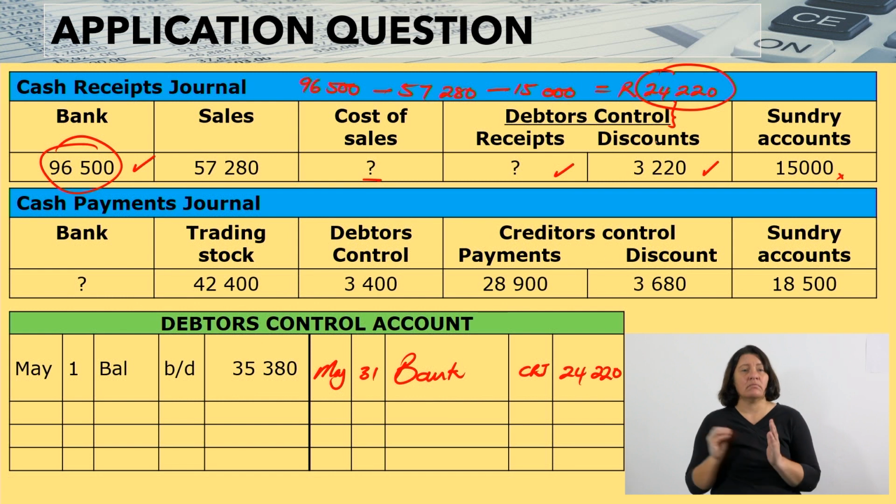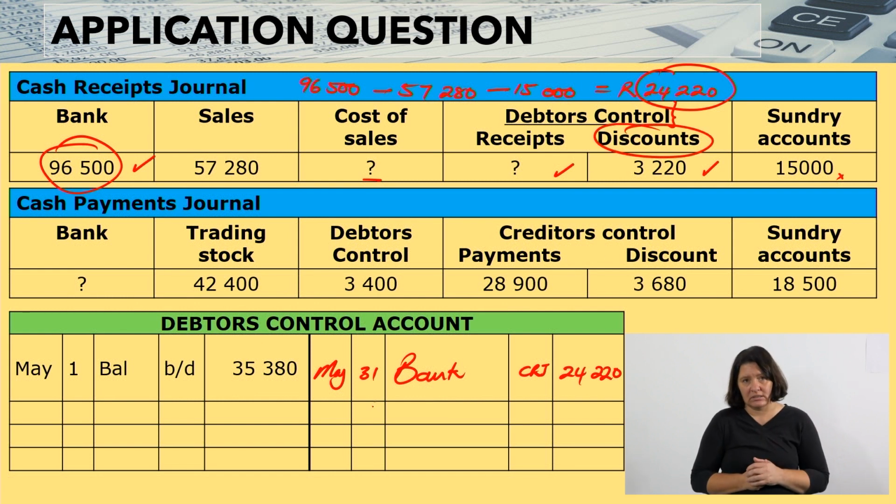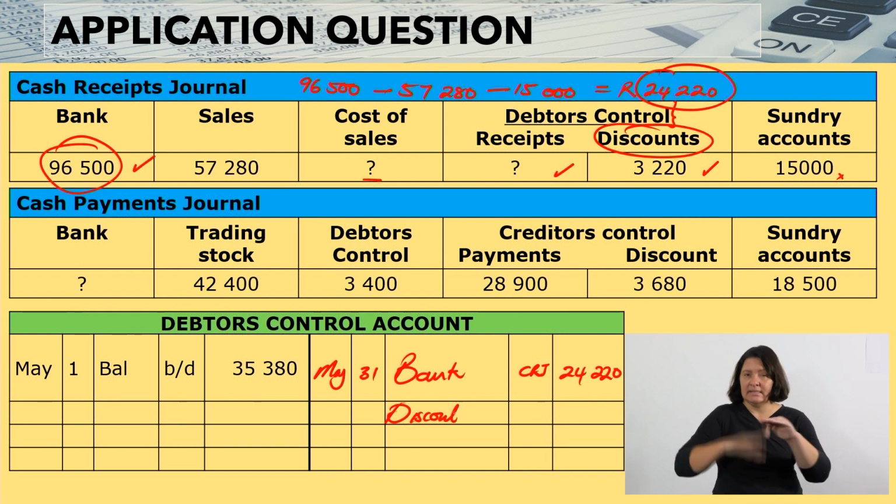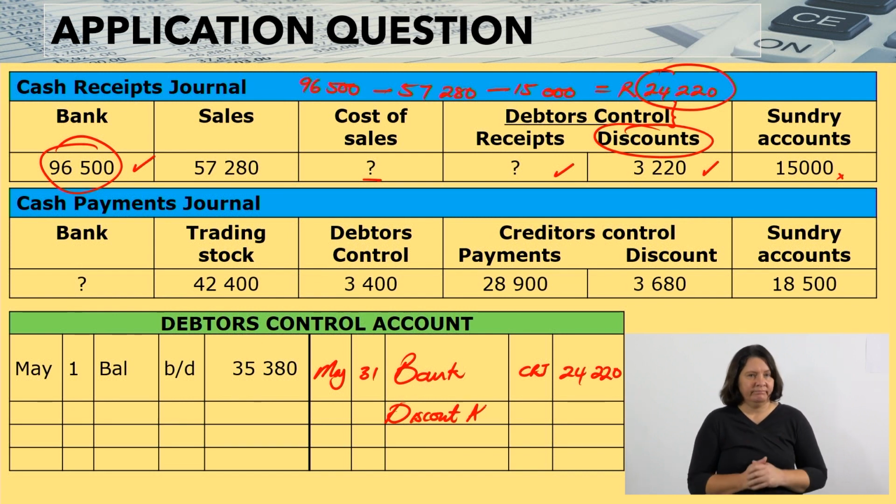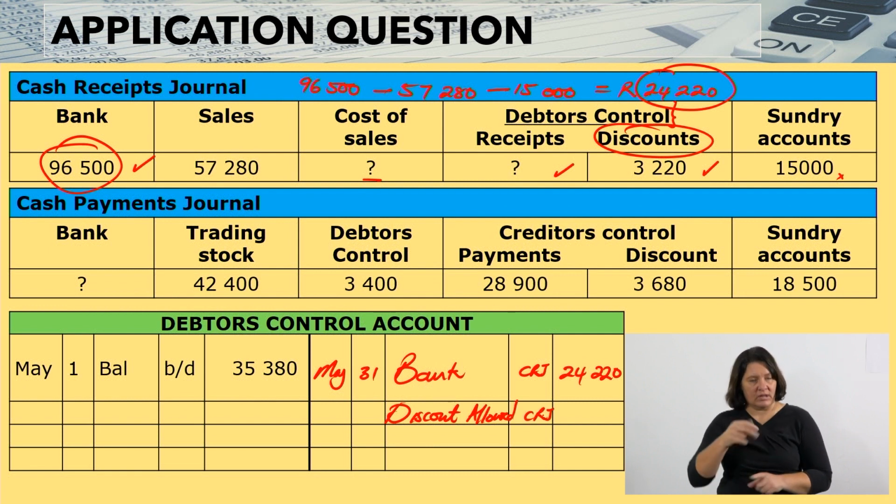I will then record the discounts. I'll come here and I'll say discount allowed. And this is from the CRJ as well, 3,220. We are done with the CRJ.